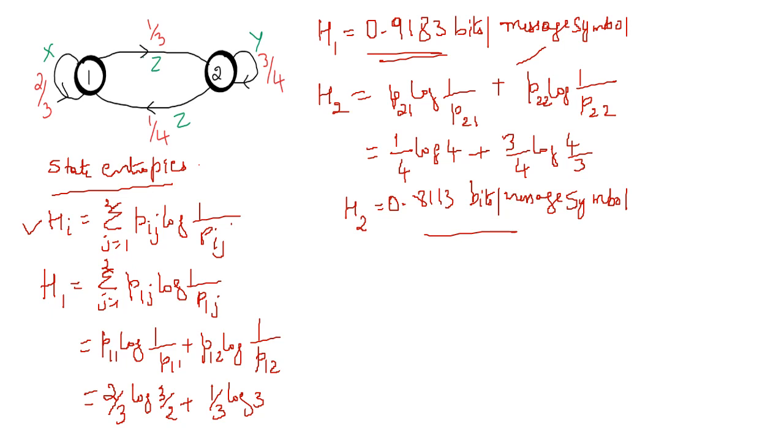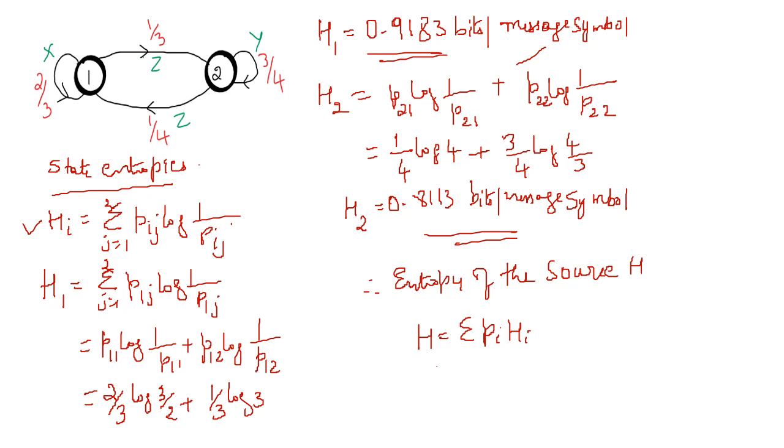Okay, so now we have got the state probabilities P1, P2 and state entropies H1, H2. Therefore, we can write the entropy of the source, which is H, given by H is equal to summation Pi into Hi, that is nothing but probability of state 1 into H1 plus probability of state 2 into entropy of the second state.